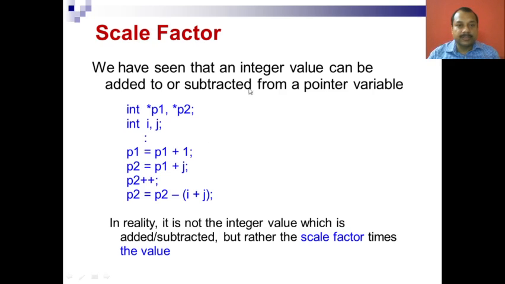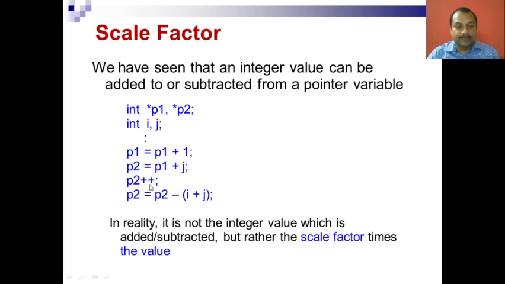So here you see that an integer value can be added to or subtracted from a pointer variable like this: int *p1, *p2; int i, j; p1 = p1 + 1, so one index will be incremented. p2 = p1 + j, so j number of elements will be moved.